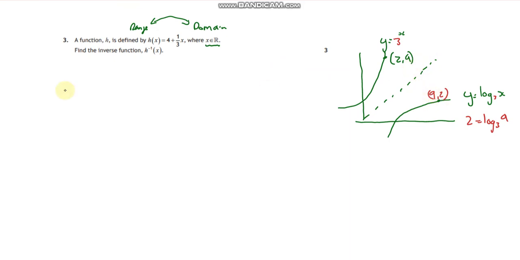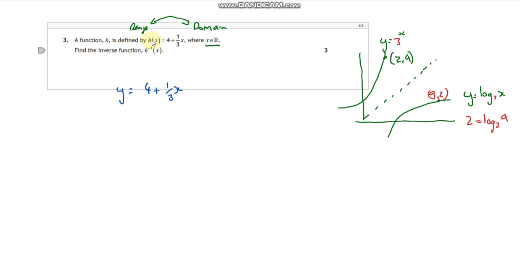But for you doing this question, it's even easier than that. All you have to do is say, okay, I've got y is equal to 4 plus a third x. That's my function. This is a fancy way of saying I've got a function, and with respect to x, pretty much all the variables is x, so I can just call that y. This is my y, the output, and I'm just rearranging now to make x the subject.